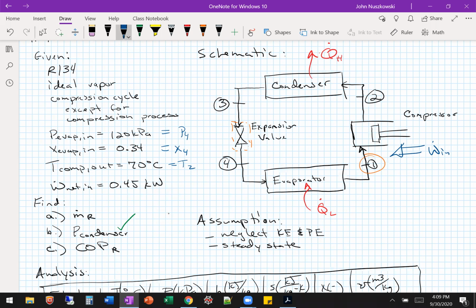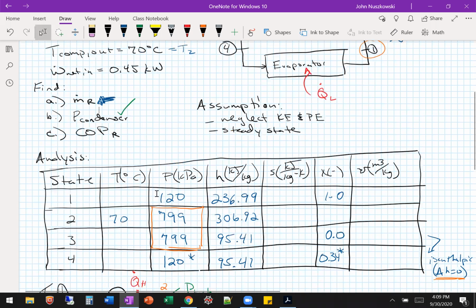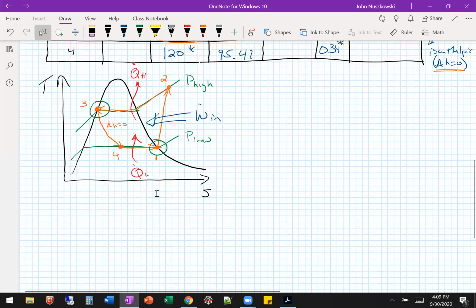Thinking maybe 3 to 4 could do that because there isn't work out or in. 3 to 4, yeah. But the enthalpy is constant, so the mass flow rate would end up dividing out.